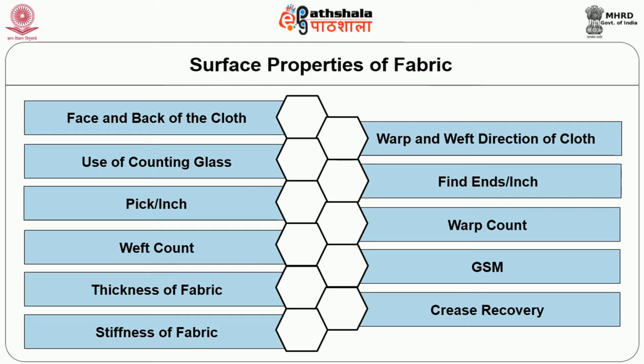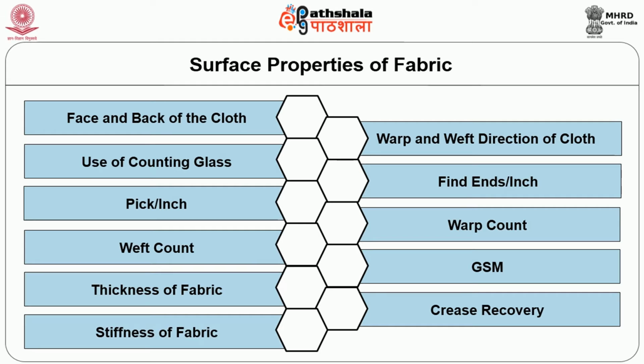Usually the face of the fabric is more shiny than the back. If you hold the fabric towards the sunlight, there are reed marks which show you the face of the fabric, which is more shiny than the back. The face of the cloth will also be softer than the back, so that we can identify this is the face and this is the back of the cloth.